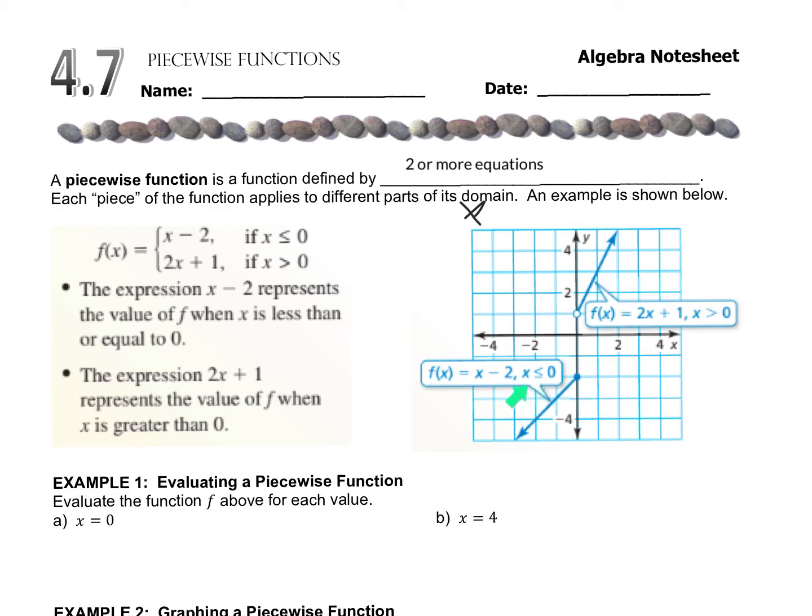This tells me we're only going to see the line from the 0 and all negative x's going this way. So we stop it, we don't put an arrow on that side, and we have the arrow going this way because it does go on forever on the negative side. I also want you to notice, because this is the or equal to, this is a closed circle. That is definitely a value. When x is 0, that is the value that comes out.